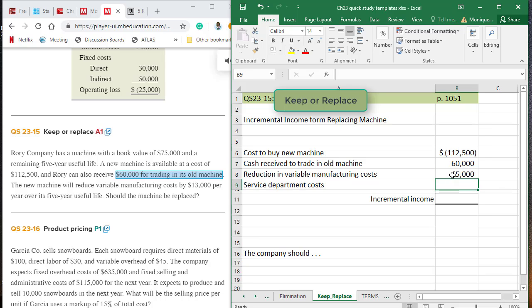So over the 5 years, we're saving $65,000. And now I'm going to just add them up. Equal sum. Now we get $12,500. That's the net incremental additional income. So since we're going to get more, we should replace the machine.